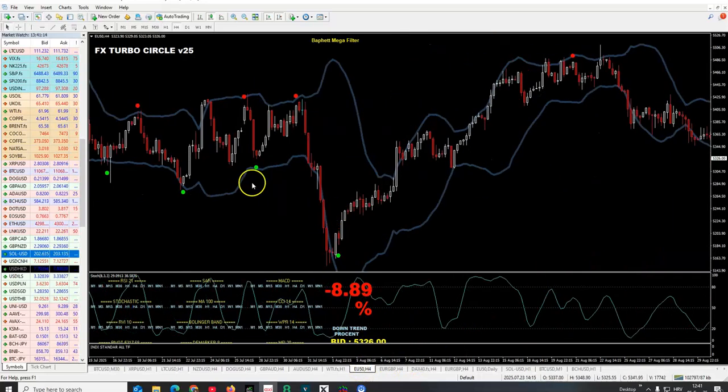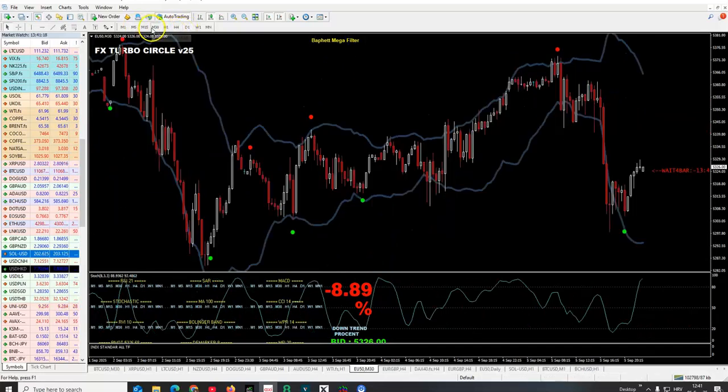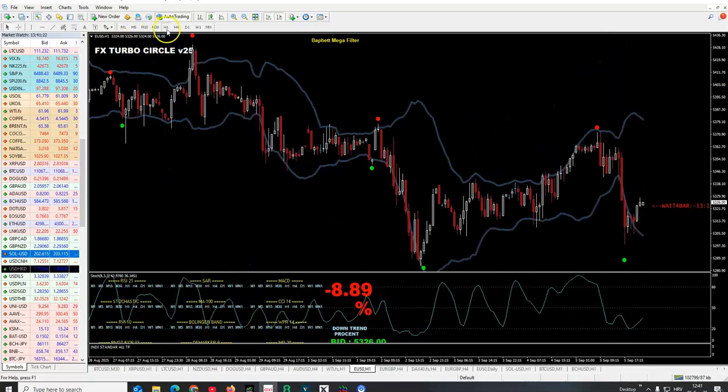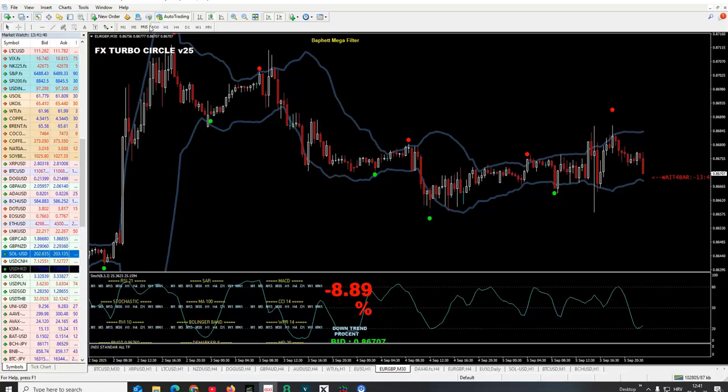Euro on a daily or 30 minutes, you can choose whatever you want, but you need to have what I said, all these confirmations to enter the trade. You see this one, 30 minutes.